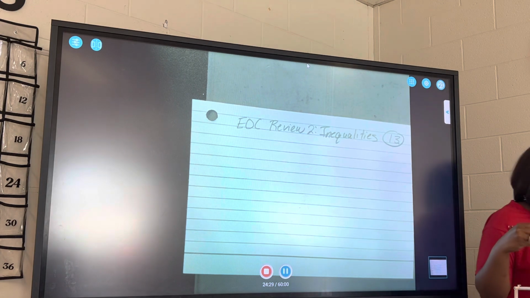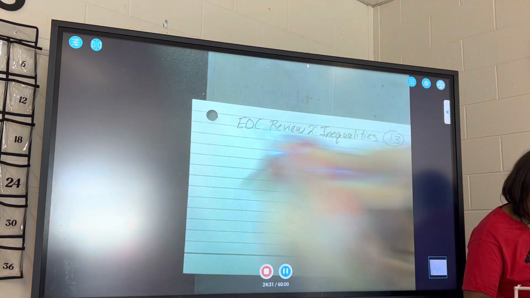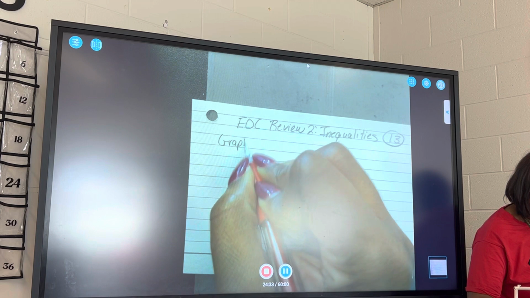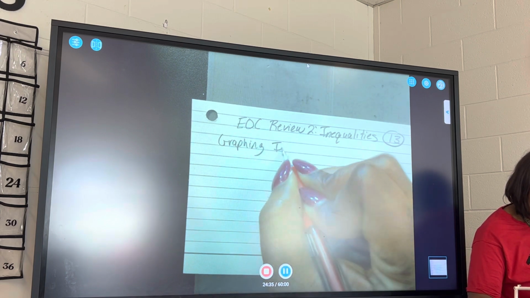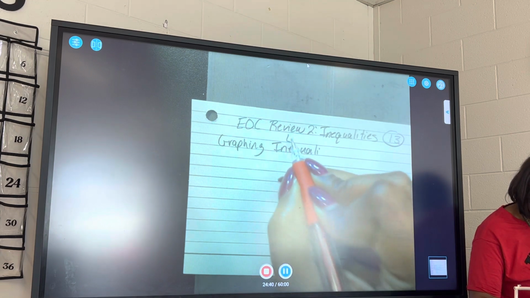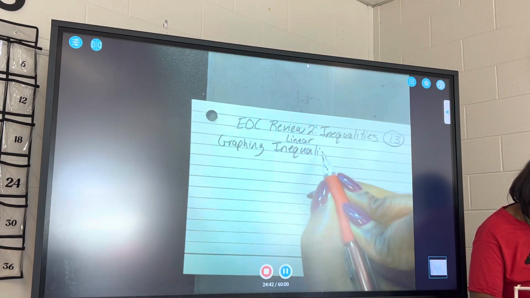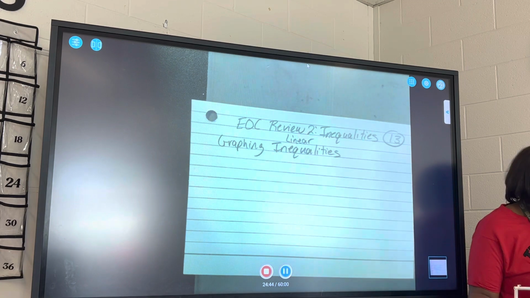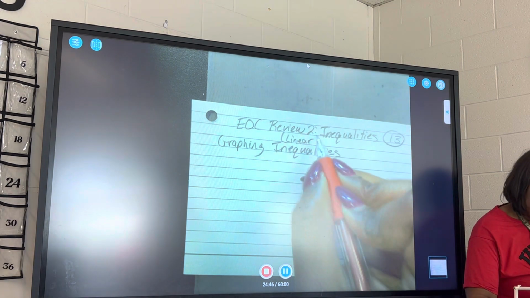All right, so inequalities, we got this. We're graphing them. This card is talking about graphing inequalities, and it's graphing linear inequalities, by the way. Put that in parentheses. Yes, they're still linear.